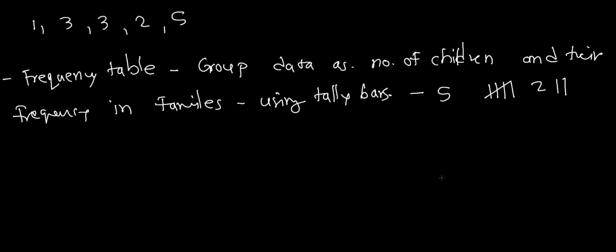So now how will the table format look? First will be the number of children, second will be the tally bars, and last will be the frequency of occurrences or frequency of children in each family.